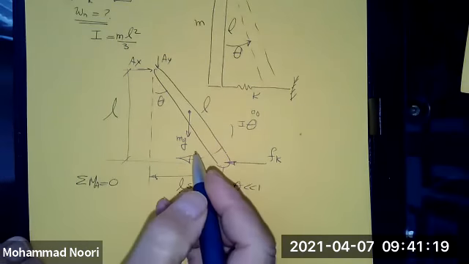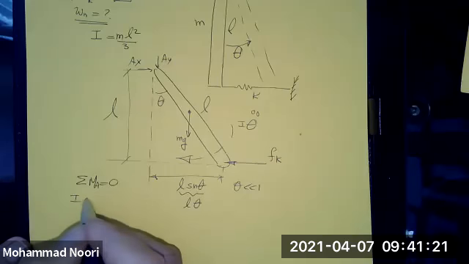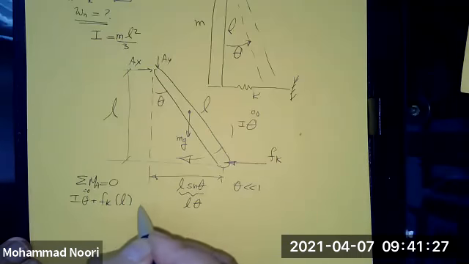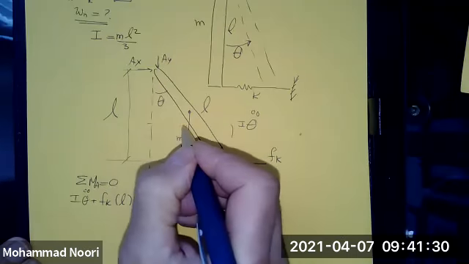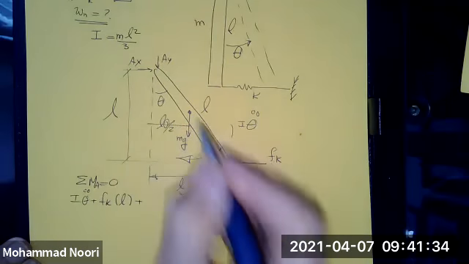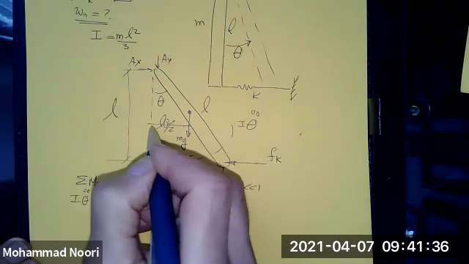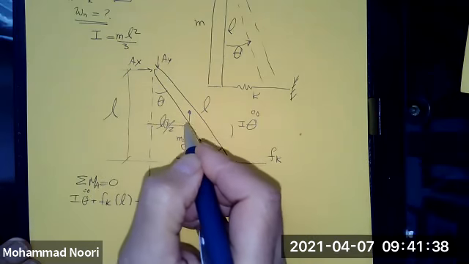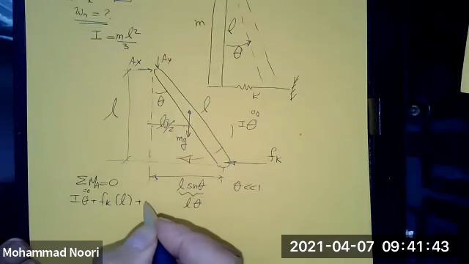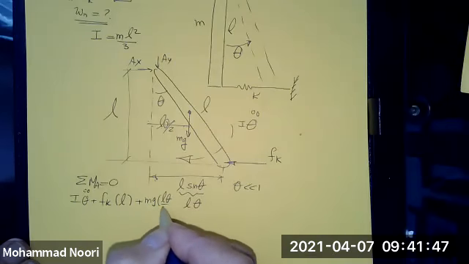From this free body diagram, I have I theta double dot plus F of k times L plus this distance would be L theta over 2. If this is in the middle, so if this is L theta, this would be L over 2. So the moment arm of this force would be L theta over 2. So you have mg times L theta over 2 is equal to 0.